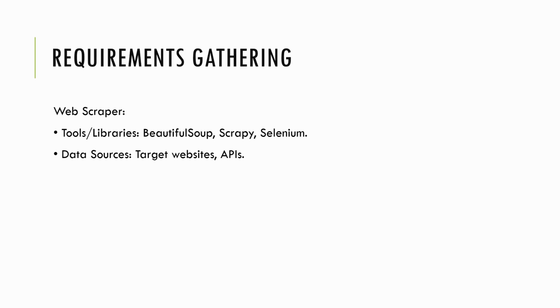Moving forward, we begin gathering the necessary requirements. For a web scraper, we will need tools and libraries such as Beautiful Soup, Scrapy, or Selenium. We will also need to identify the websites or APIs from which we will scrape data. For a data analyzer, we will utilize libraries such as Pandas, Matplotlib, and Seaborn for data manipulation and visualization.